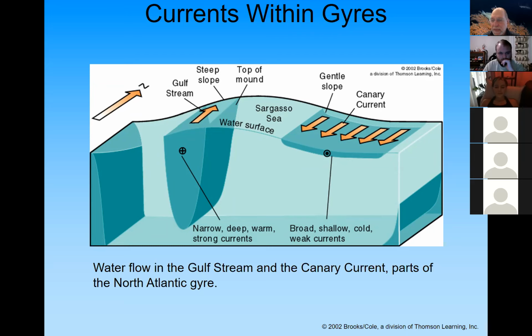And let's focus on the Atlantic for the moment. It turns out that the Earth is rotating eastward, and the winds tend to push things to the west, and that's a global pattern, and we can see that everywhere.